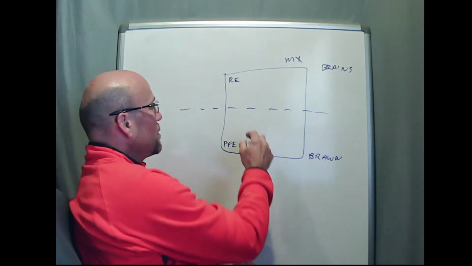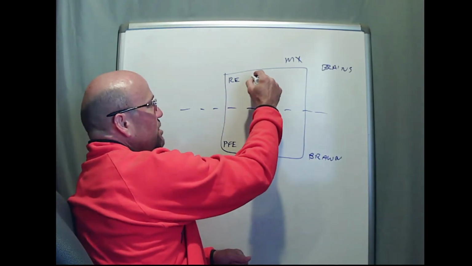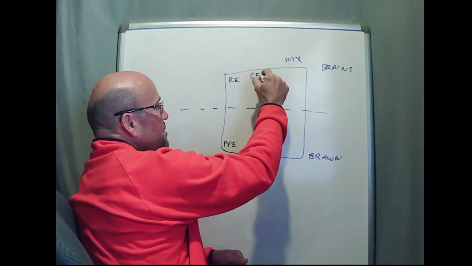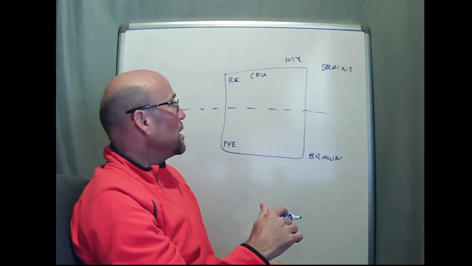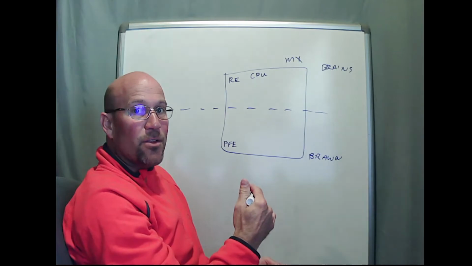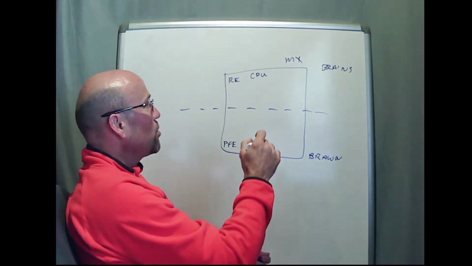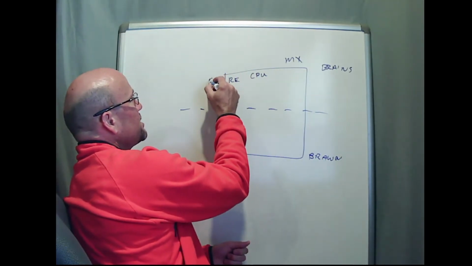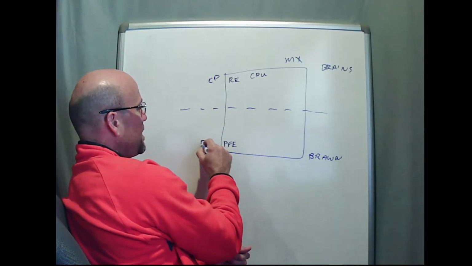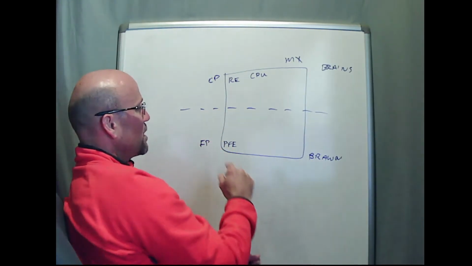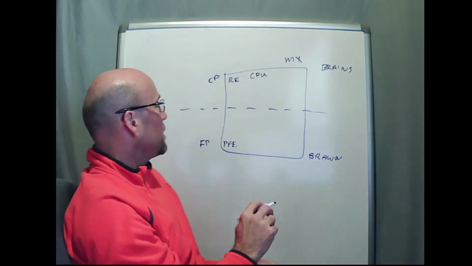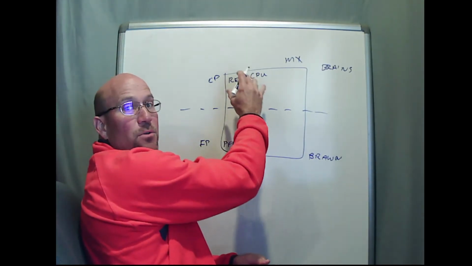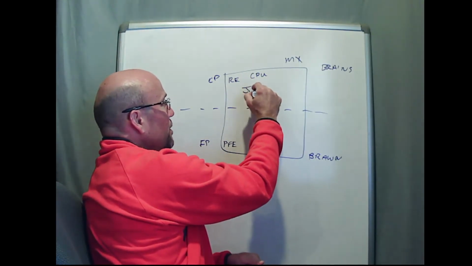The routing engine is the processor. The CPUs are the multiple CPUs that are implemented in the routing engine control plane. The Junos software runs up here.